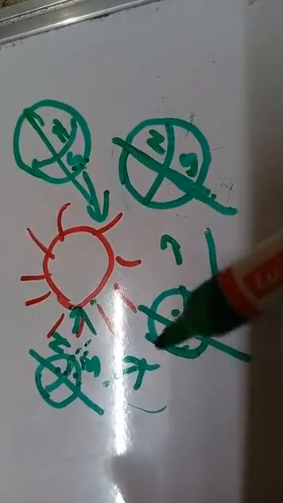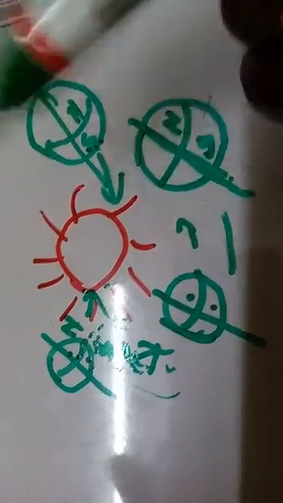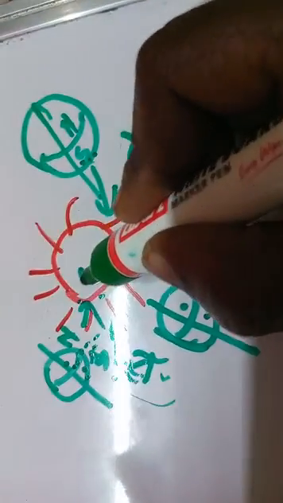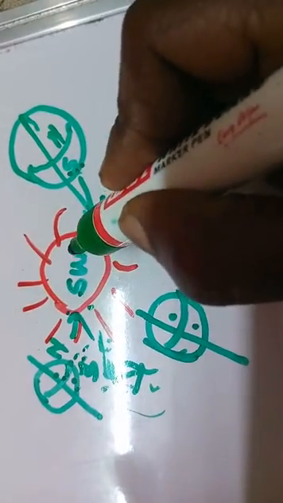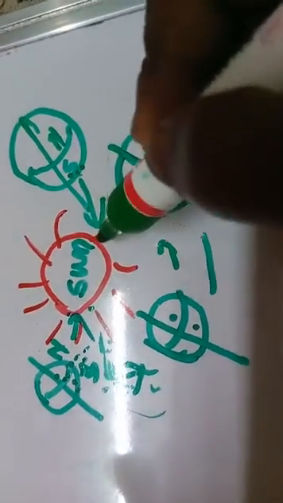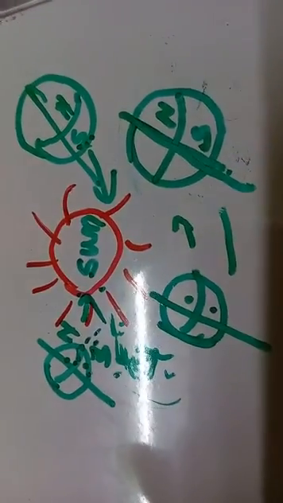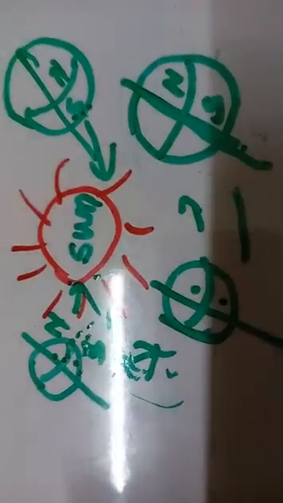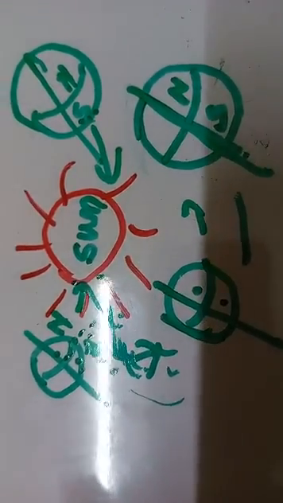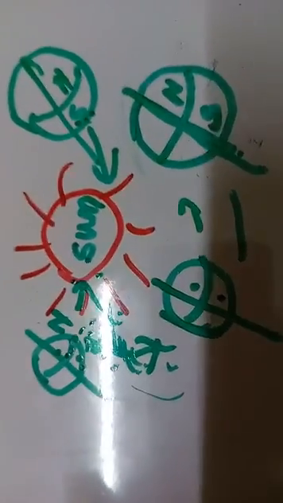So revolution is the reason for the cause of seasons. Okay, revolution is the reason for seasons. Revolution makes seasons. Revolution of the earth causes seasons.